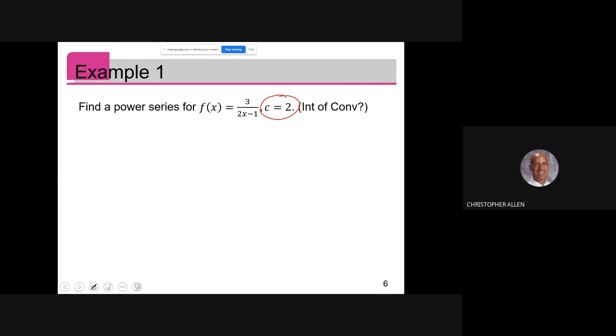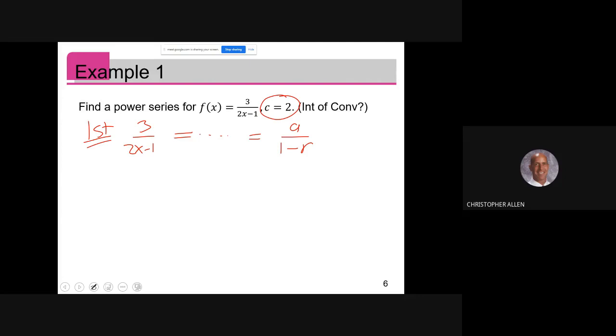Our very first goal is we want to make this 3 over 2x minus 1 look like this. That's my goal, so that you're not sitting there wondering what I'm doing and why.